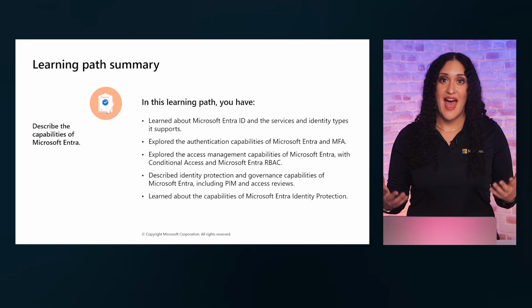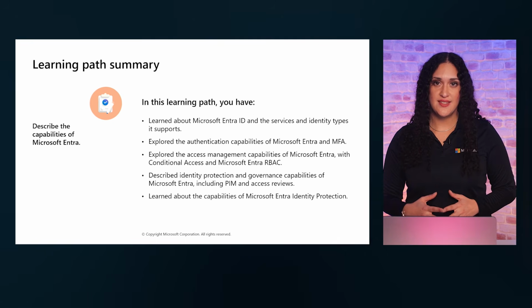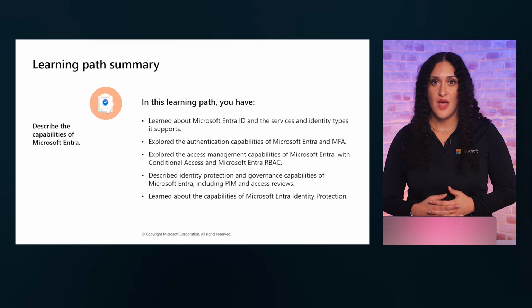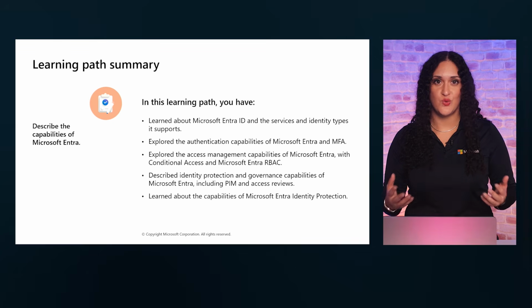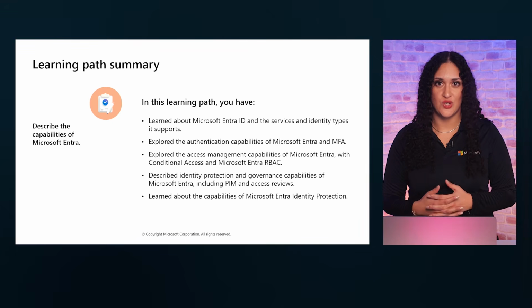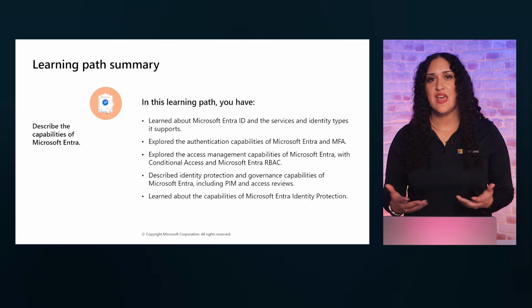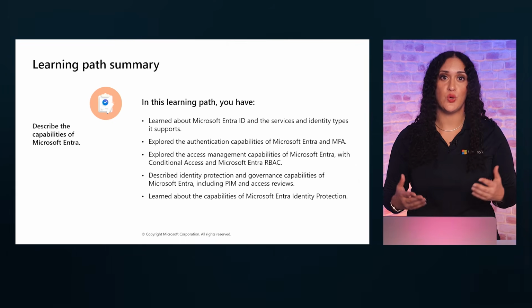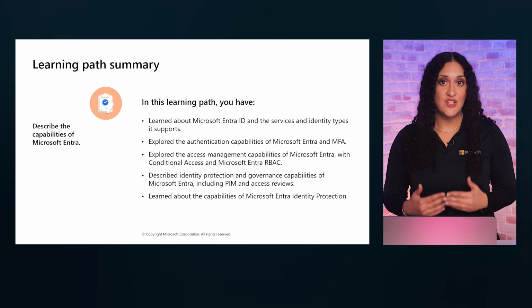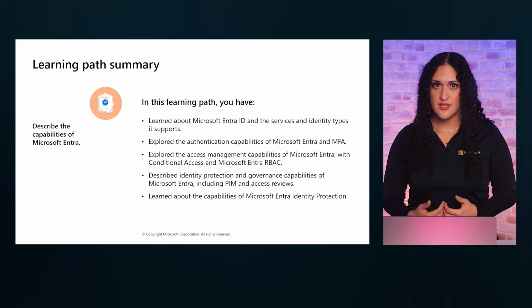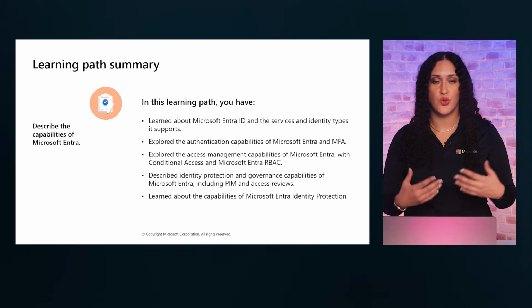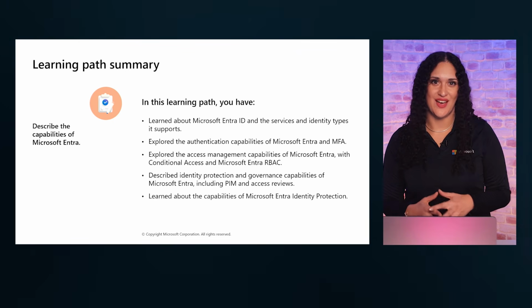We also covered access management with conditional access, global secure access, and role-based access control, before closing with identity governance and protection features like access reviews, PIM, and identity protection. With these capabilities, you can use Microsoft Entra to help your organization secure identities, manage access, reduce risk, and support secure and efficient work across your users, your apps, and any devices.